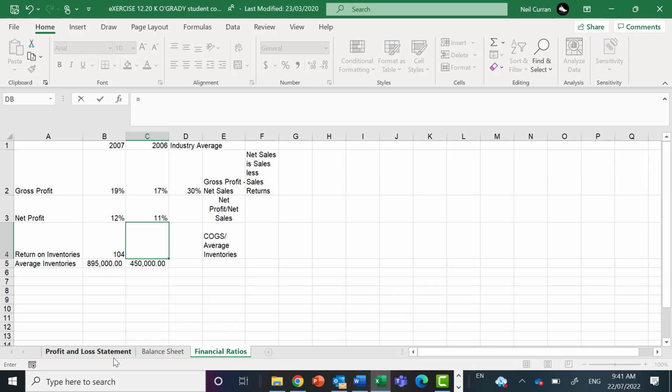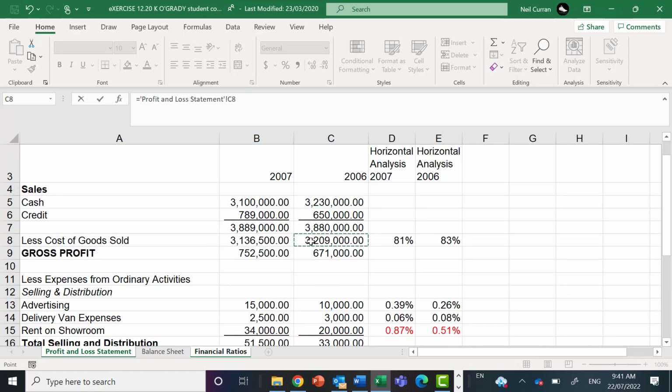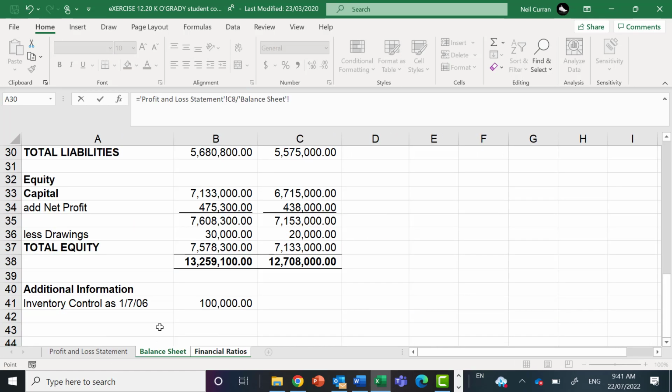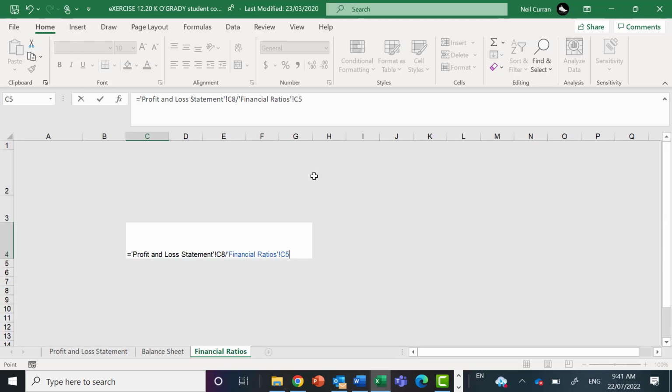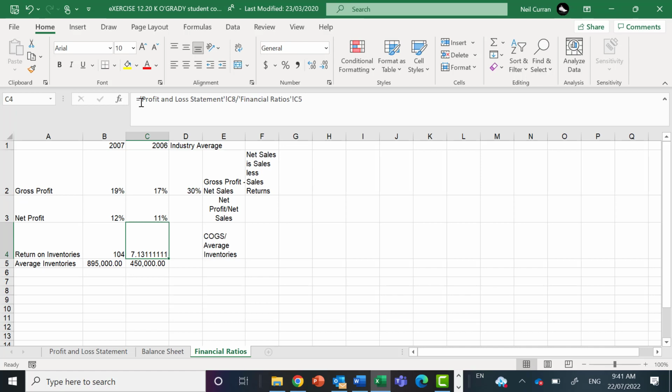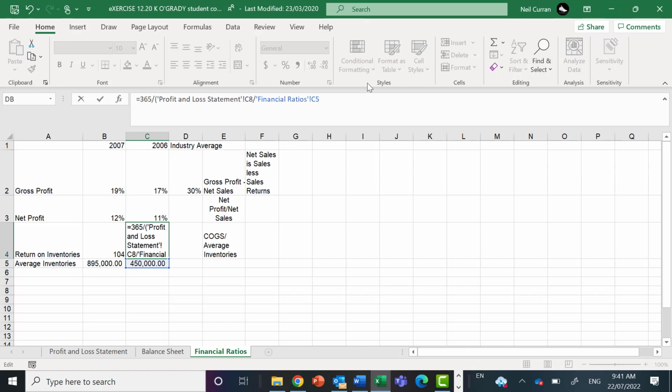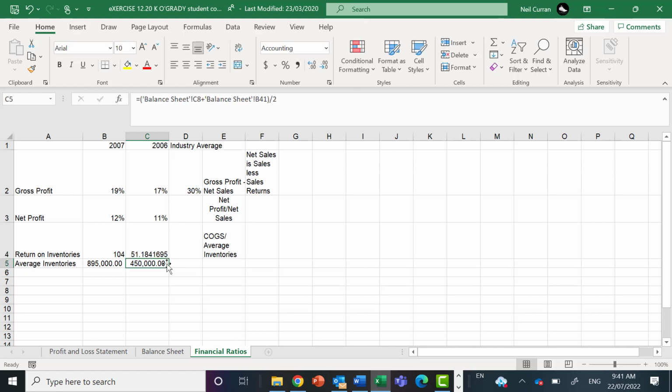So get 2006 cost of goods sold, divide that by your average inventories, and then convert that to days to give it a more meaningful measure for the owner. And as you can see here, our inventories have ballooned out from turning over from 51 days to 104.